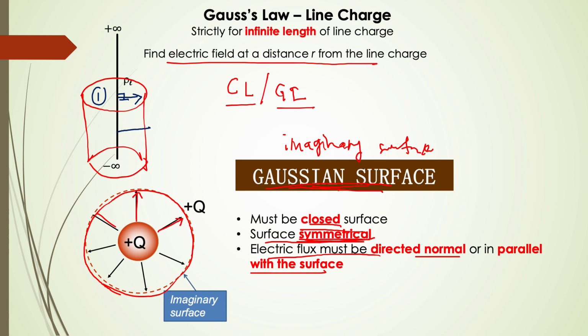For surface number 2, the one around the cylinder, the electric flux is normal to this surface. And for surface number 3, located at the bottom, the electric flux is parallel with the surface. So the electric flux must be directed either normal or parallel to this imaginary surface, or Gaussian surface.